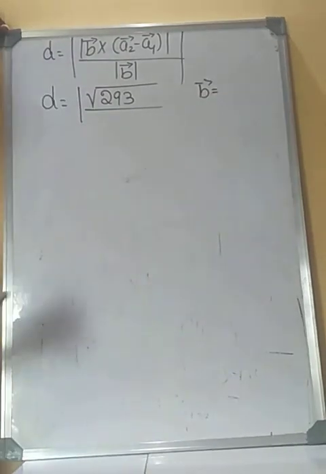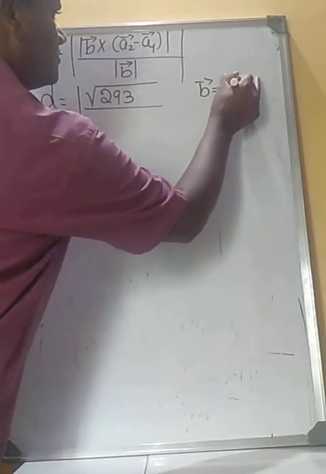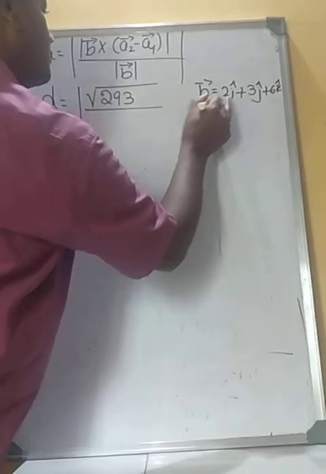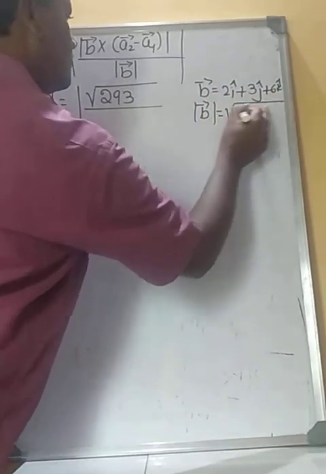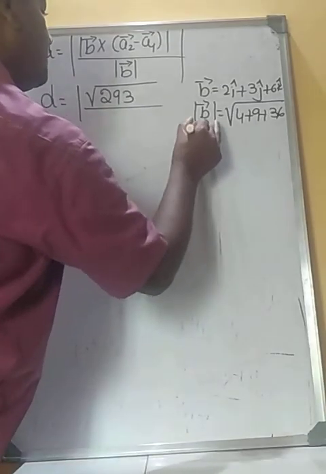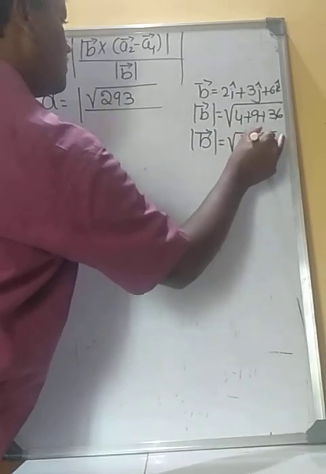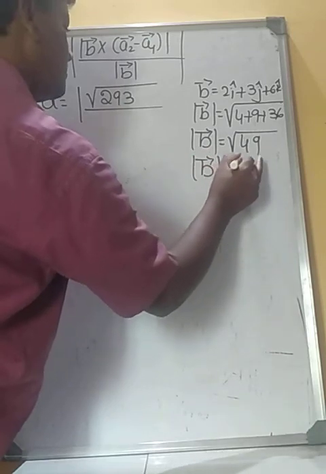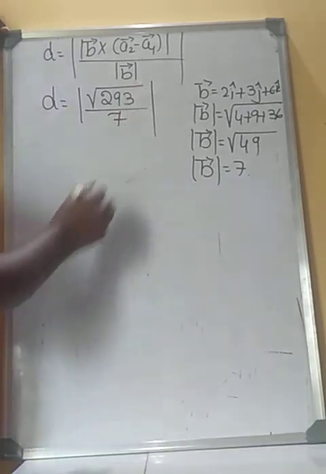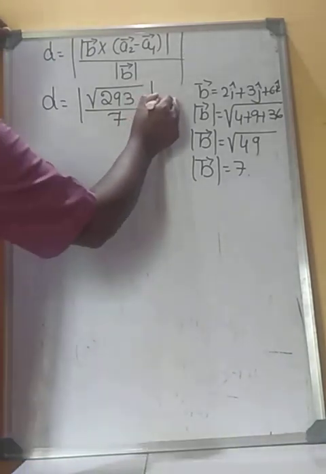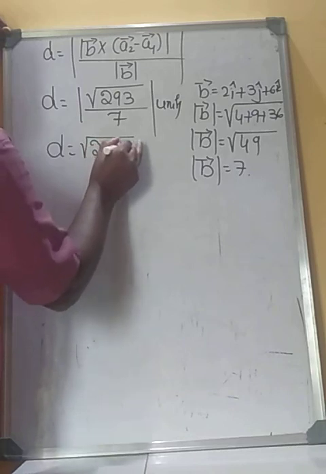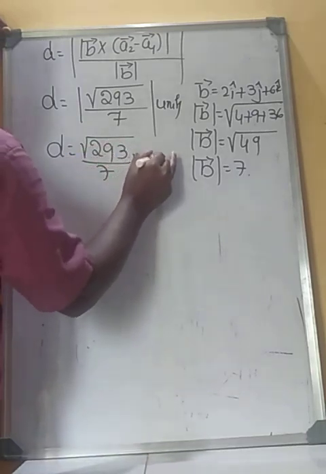Vector B is 2i plus 3j plus 6k, so the magnitude of B is root of 4 plus 9 plus 36, which is root of 49, which is 7. So D is equal to the square root of 293 by 7 units.